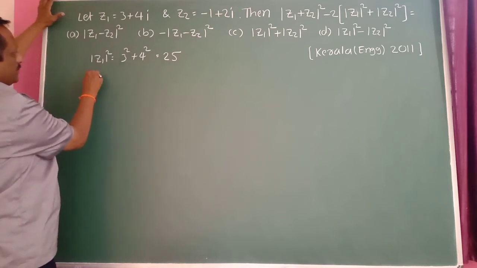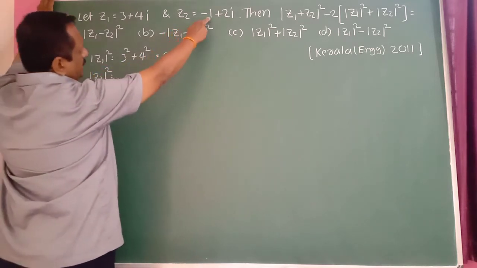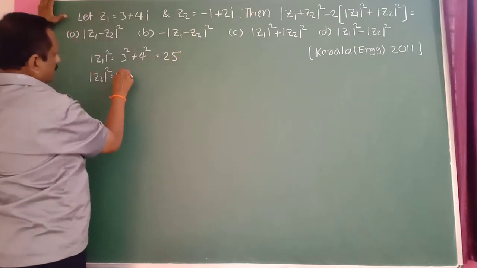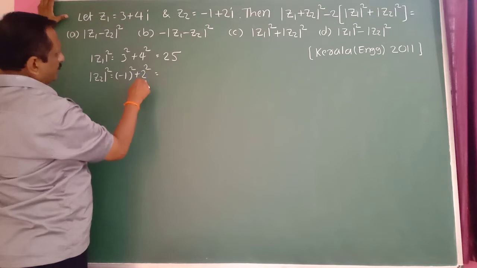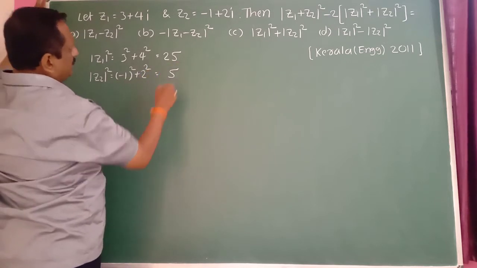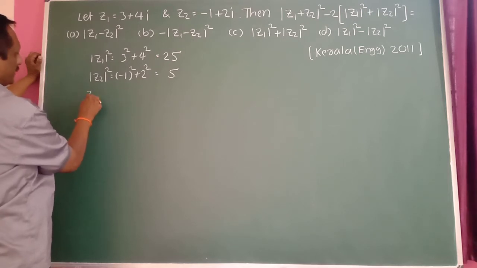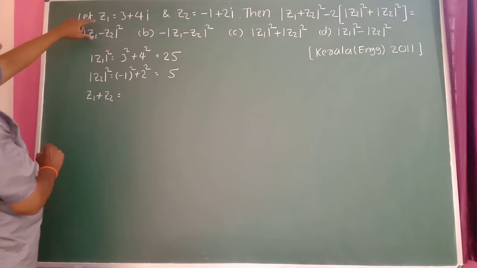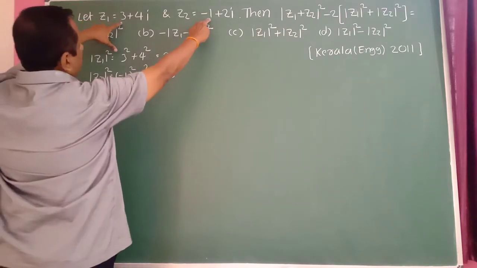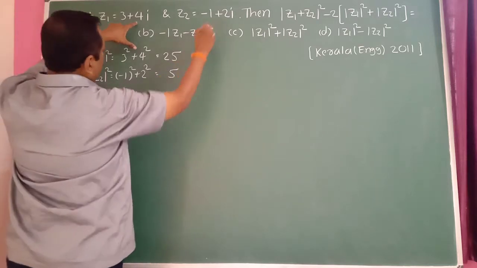And modulus of z2 square is minus 1 square plus 2 square, 1 plus 4 becomes 5. Then find z1 plus z2, it's a sum here. 3 minus 1 becomes 2, plus 4i plus 2i becomes 6i.